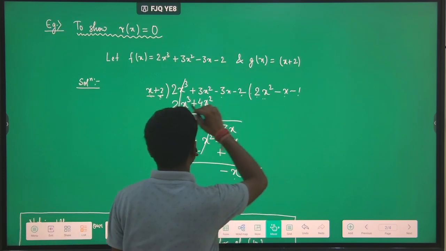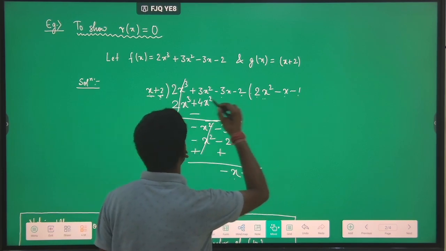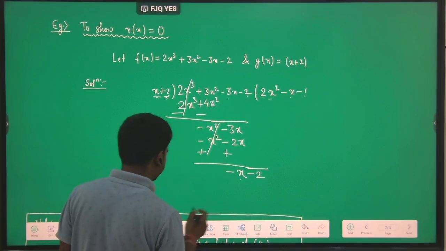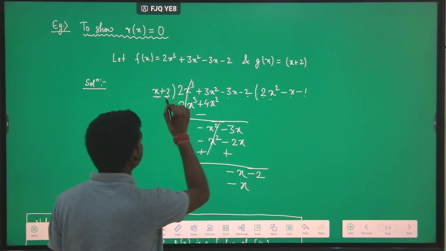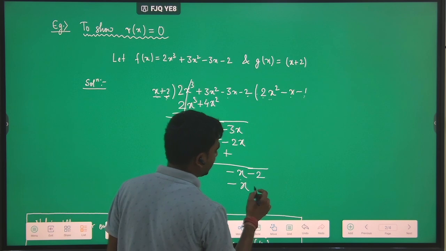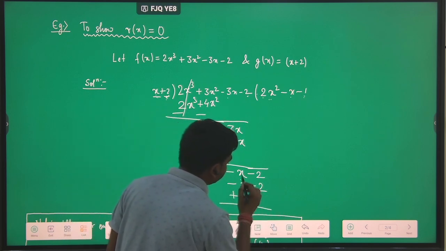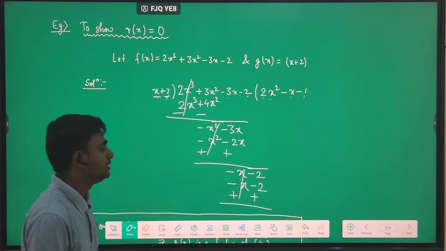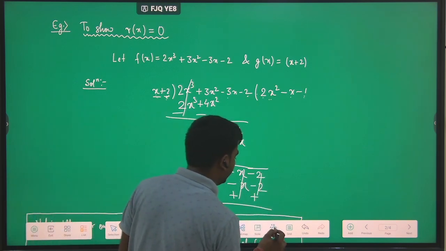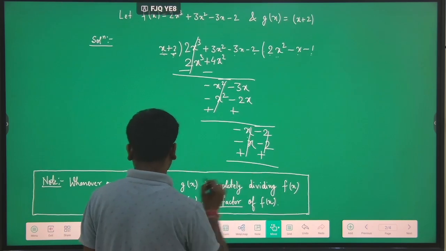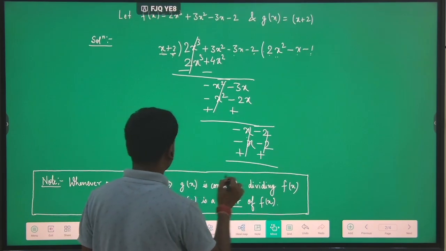So whenever we multiply this with minus 1, what will we get? x when multiplied with minus 1 will be minus x, and this plus 2 will be multiplied with minus 1, we will get minus 2. On subtracting, this x minus x will be 0, this 2 minus 2 will be 0, and we will get remainder as 0.